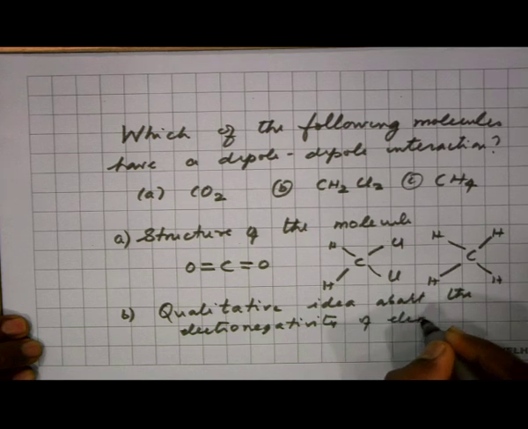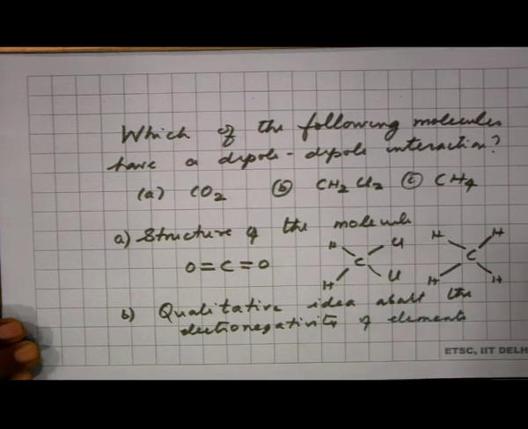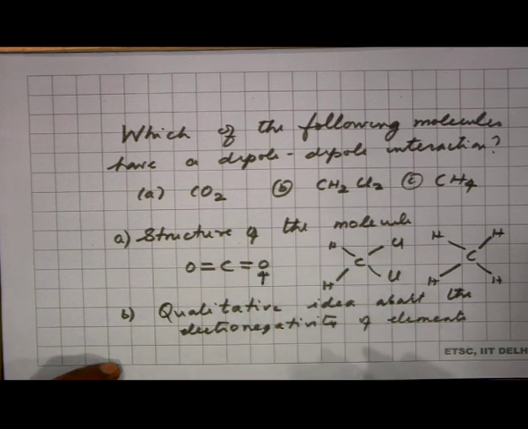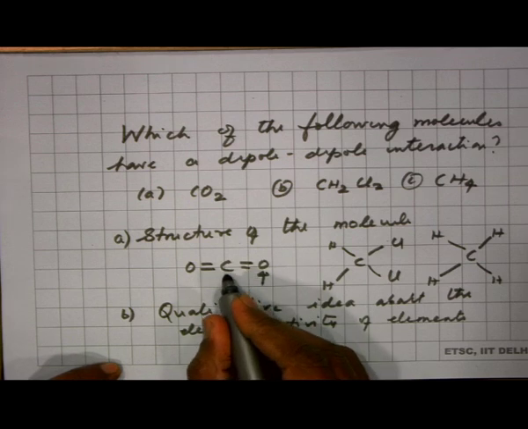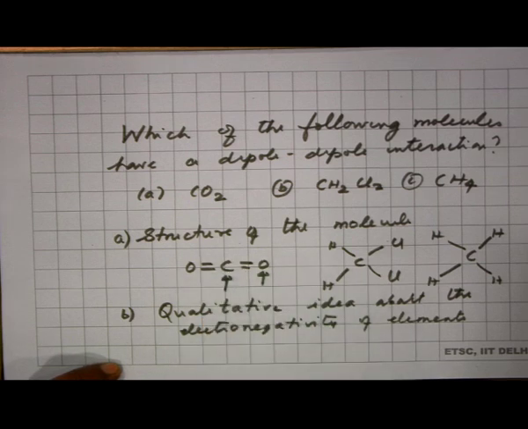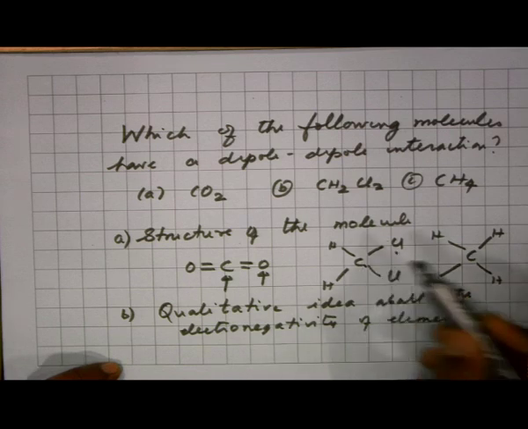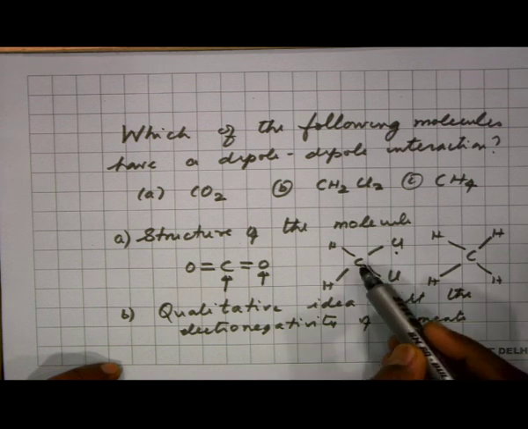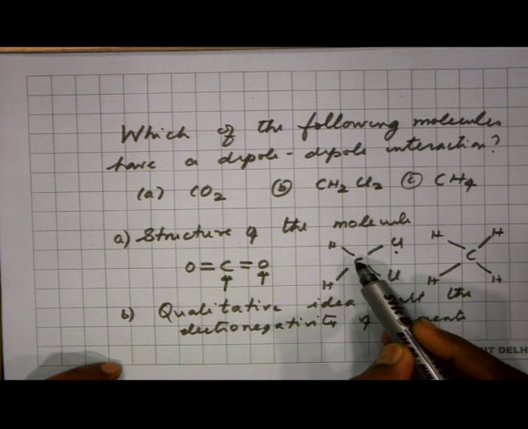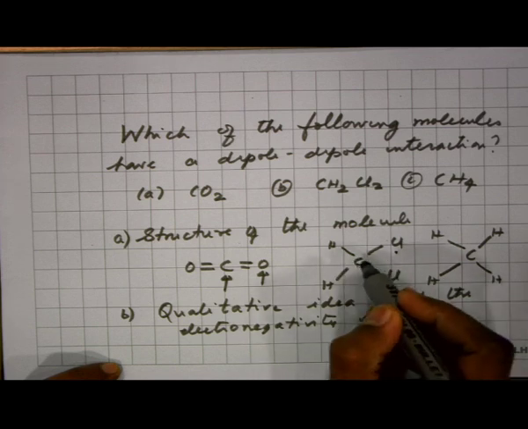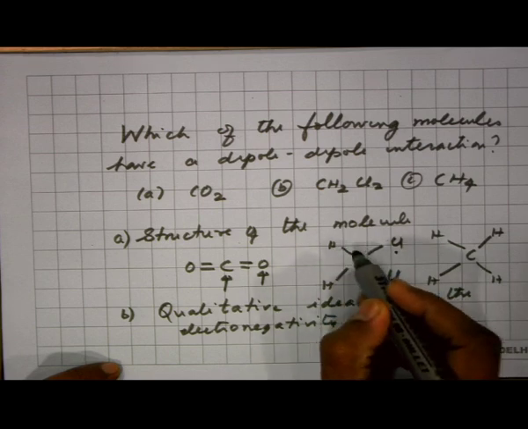You do not need to know the quantitative values, but the periodic trend of the electronegativity is something that you would need to know. So, we know that oxygen, for example, is more electronegative than carbon. Similarly, chlorine is more electronegative than carbon. The carbon and hydrogen electronegativities are not that different. So, typically we will imagine that this is non-polar.